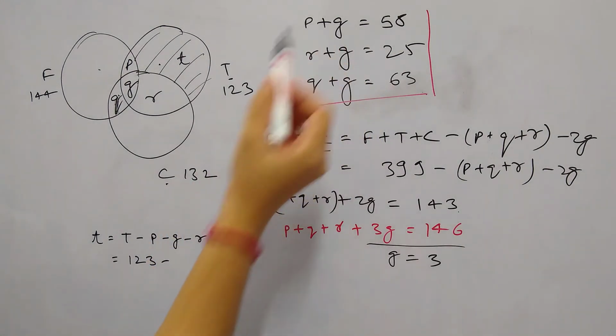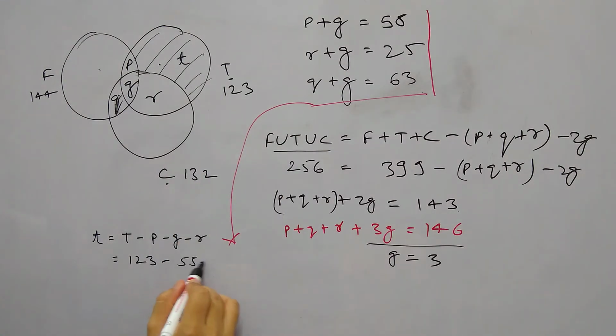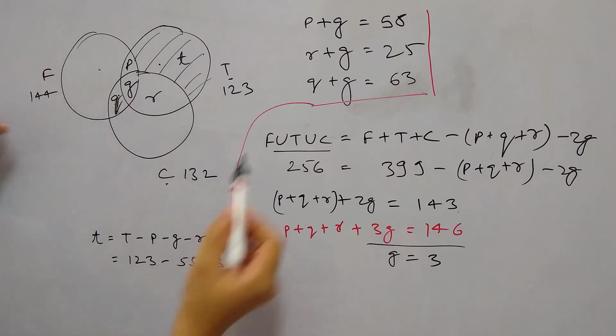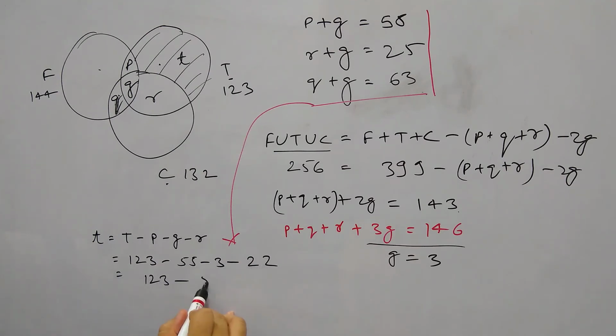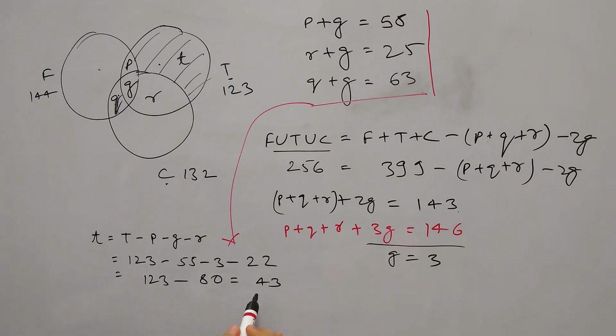P is 58 minus 3, or 55. G is 3 and R is again 25 minus 3, so it's 22. So it's total 123 minus 80, which is 43. So those who can play only tennis is 43.